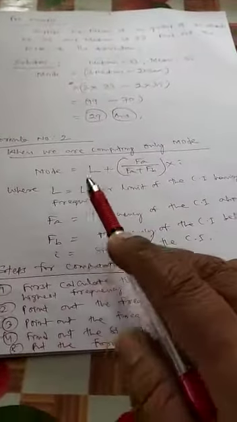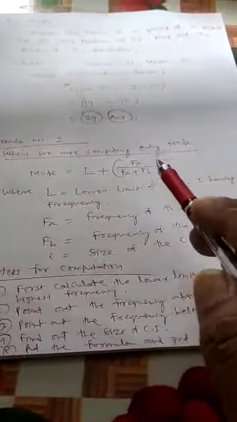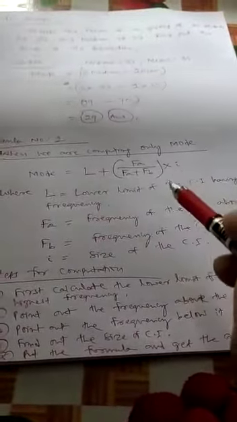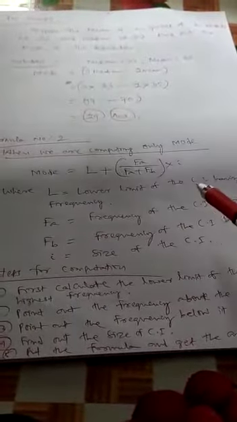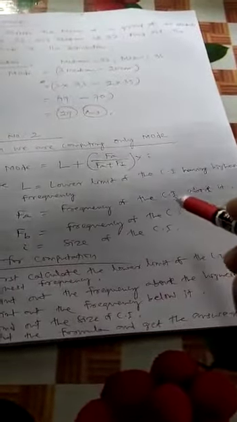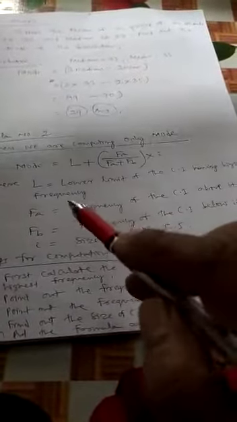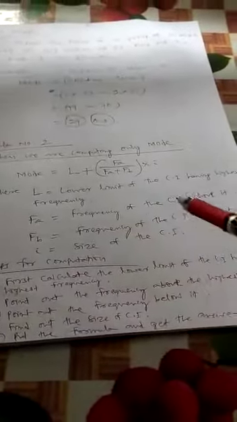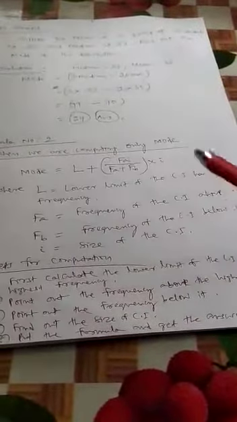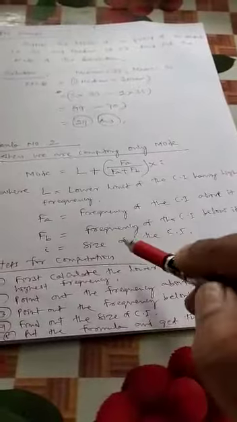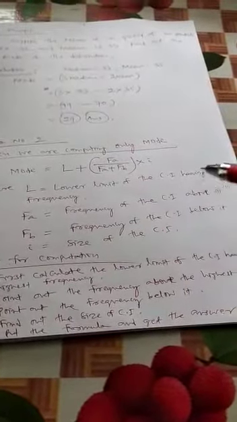So the mode will be L plus FA divided by FA plus FB multiplied by I, where L is the lower limit of the class interval having the highest frequency, FA means frequency of the class interval above it, FB means frequency of the class interval below it.